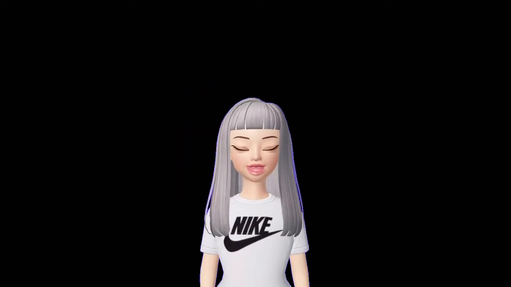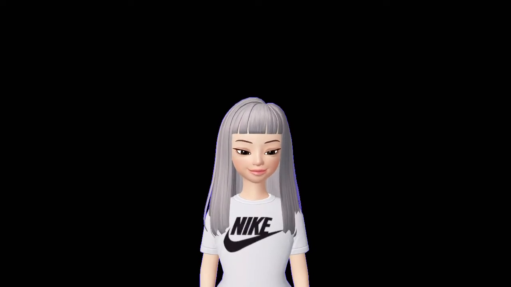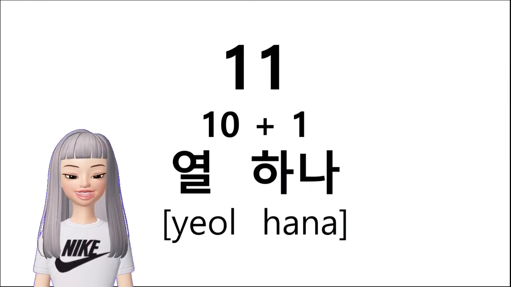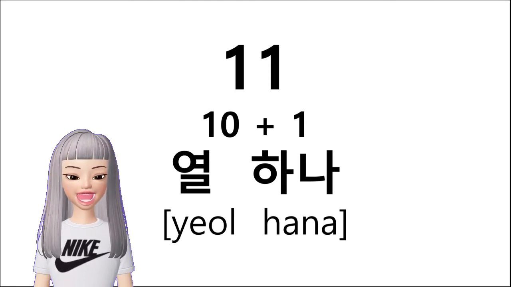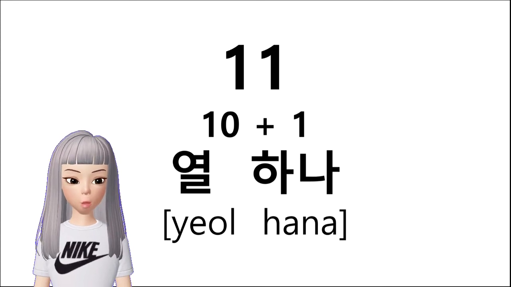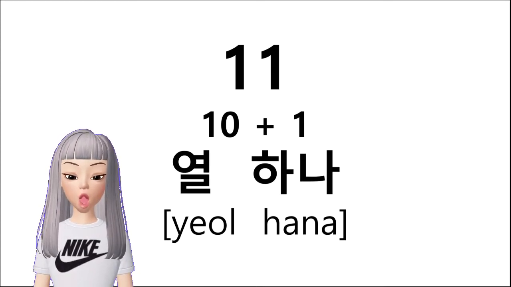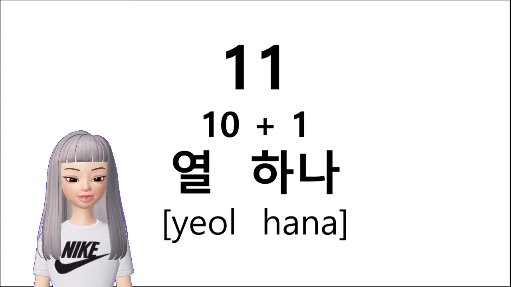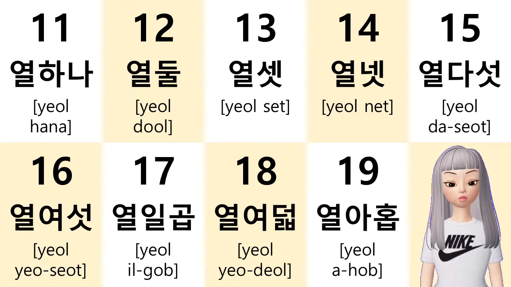Now, if you know from 1 to 10, from 11 it becomes a bit easier because there's a pattern. 11 is 열하나. You see that 열 is 10 and 하나 is 1. So we add these two to make 11. 12, in the same sense, is 열둘.